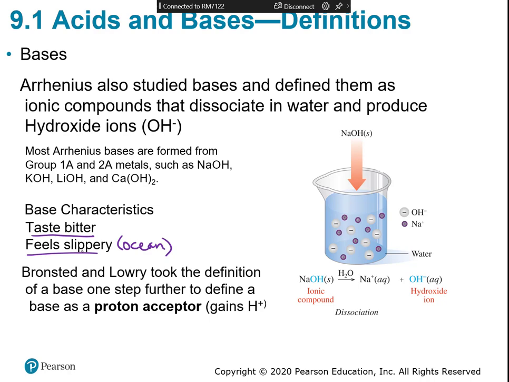So while Arrhenius said that hydrogen ions are made by acids, he found that bases, and we can use sodium hydroxide, for example, which was another strong electrolyte, when you put sodium hydroxide in water, sodium ions, Na+, and hydroxide ions, OH-, are produced. So that OH- was characteristic of a base.